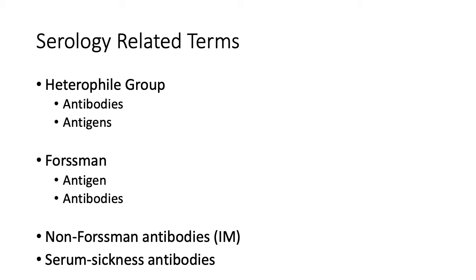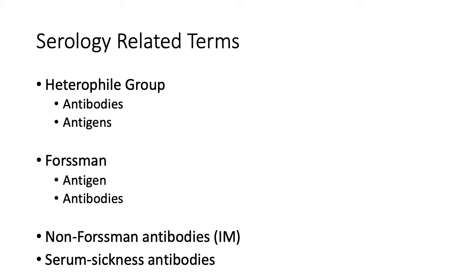The Forsman antigen is just a particular type of heterophile antigen, nothing more, nothing less. Heterophile antibodies are typically IgM. Depending on the heterophile group of the antigen that stimulates their production, they can be Forsman antibodies against Forsman antigen, or non-Forsman antibodies against one of the non-Forsman antigens.